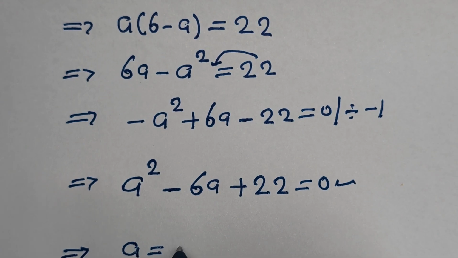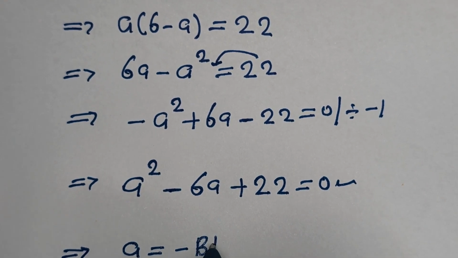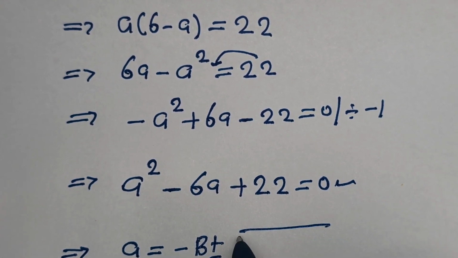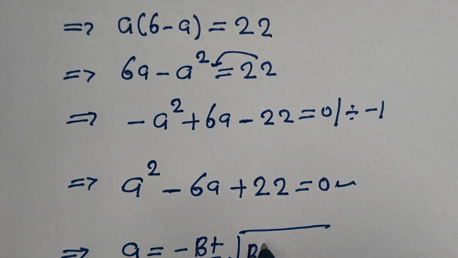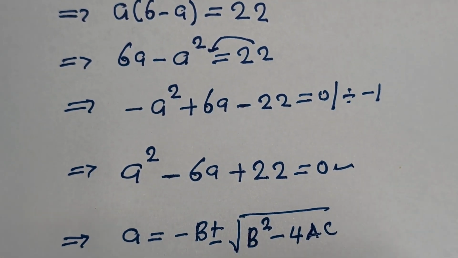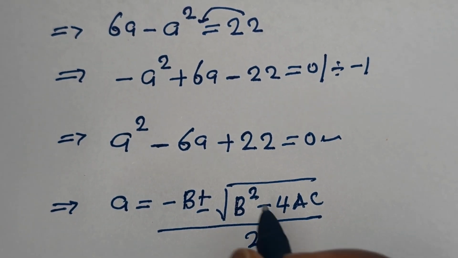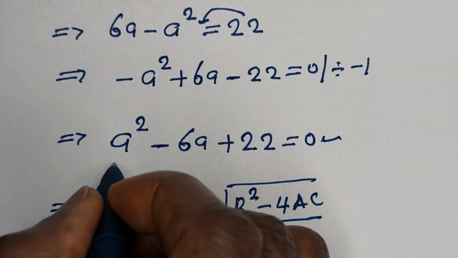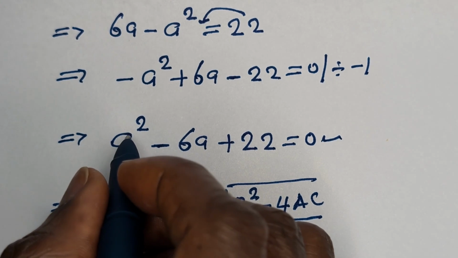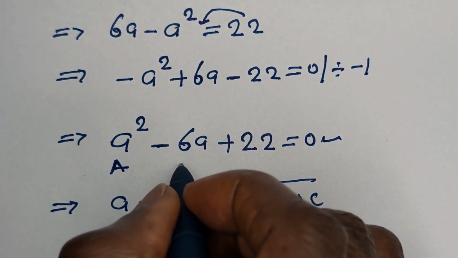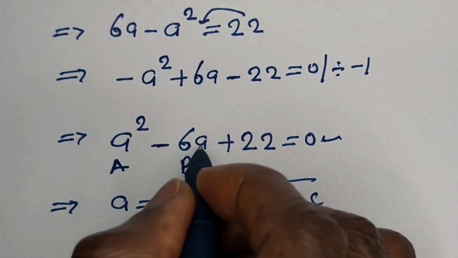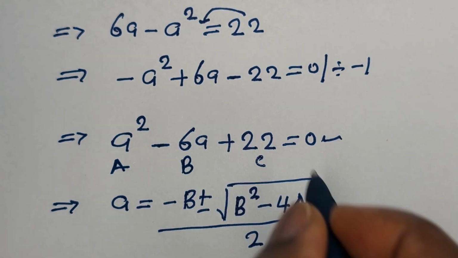Let's solve this using the quadratic general formula. a is equal to minus b plus or minus square root of b square minus 4ac, over 2a. From this equation, a is the coefficient of a square, b is the coefficient of a, and c is the constant.